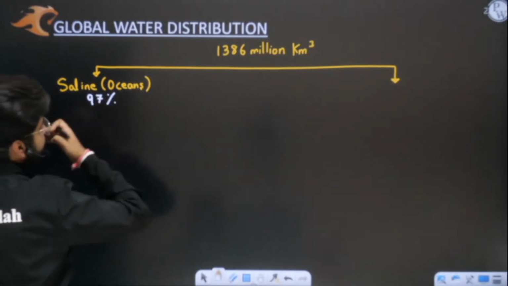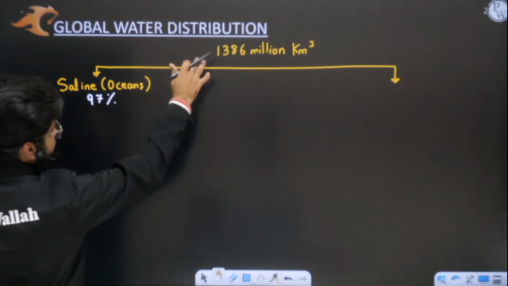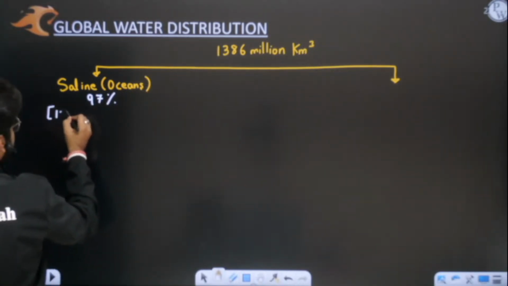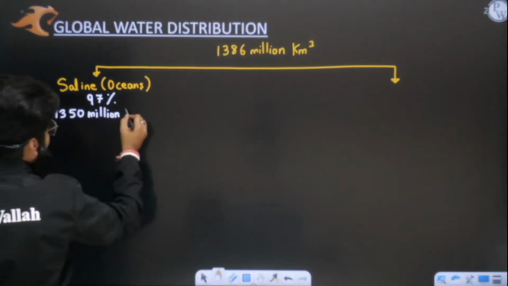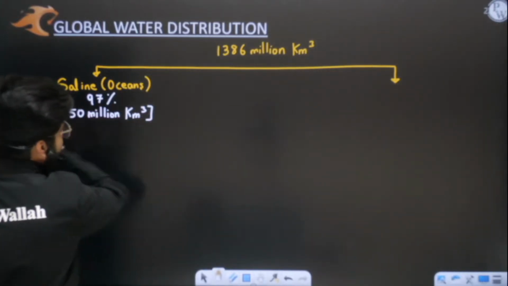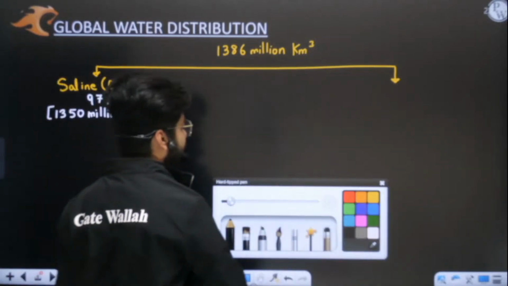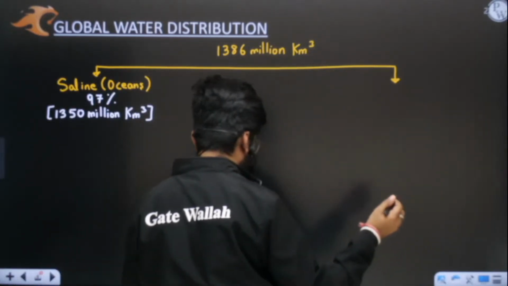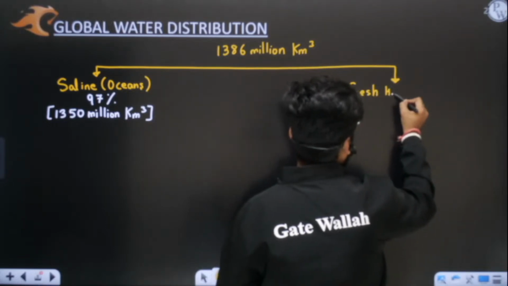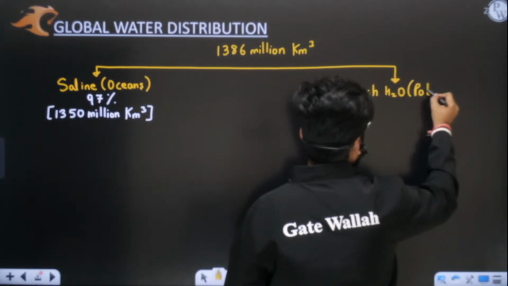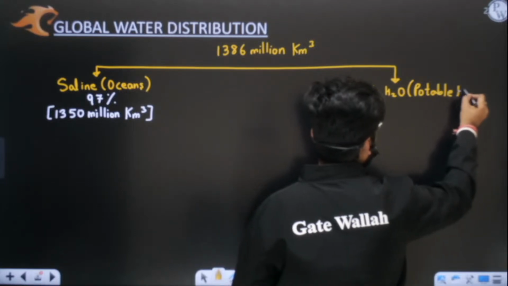Yes or no? So if you take 97% of this, it will be approximately 1350 million kilometer cube. So this is your saline water. Now remaining water is your fresh water, which is also your potable water, which means we can utilize it easily.